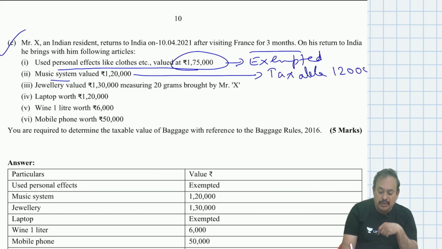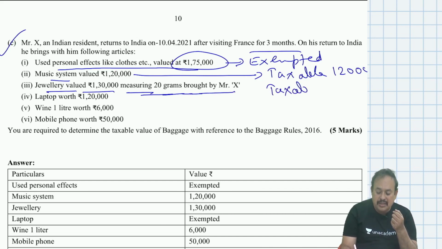Jewelry valued at 1,30,000, measuring 20 grams, brought by Mr. X. So it is also taxable because he has not stayed abroad more than 1 year. Therefore, 1,30,000 taxable. Further, a laptop, irrespective of the value, for one individual aged above 18, is exempted.